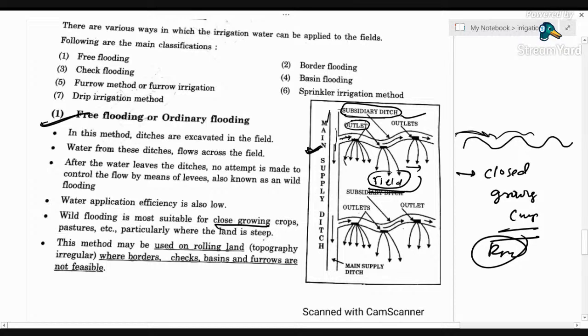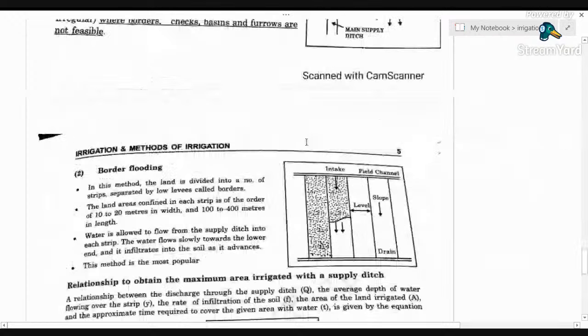It is also used where the land is very steep, so the water flows by gravity at high velocity, and on rolling lands. For that type of land we can go for the free flooding procedure.